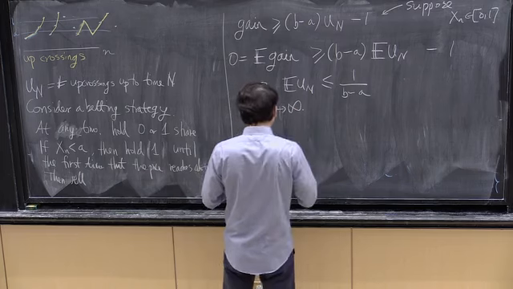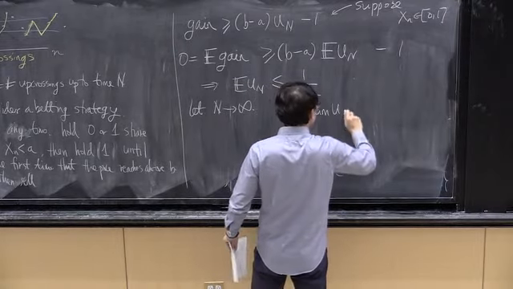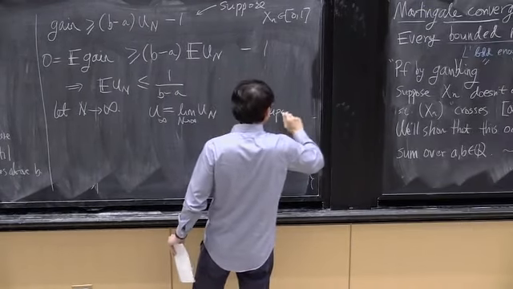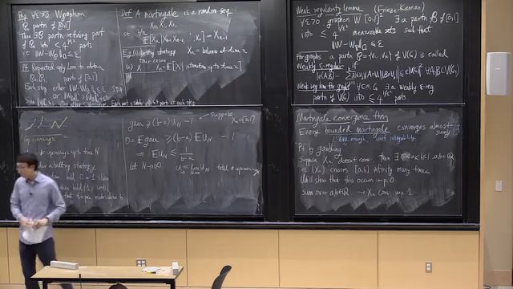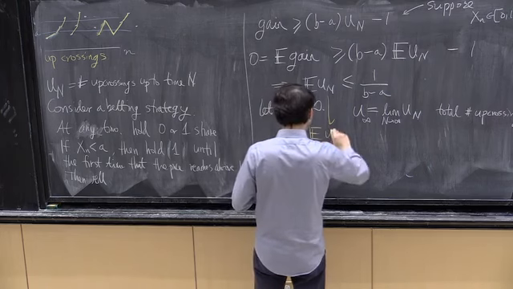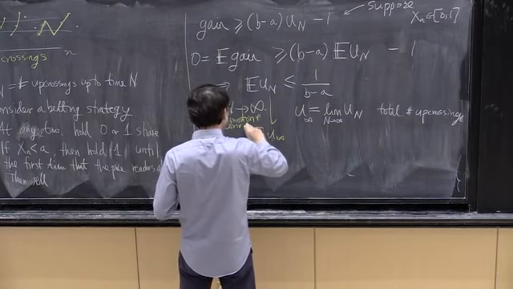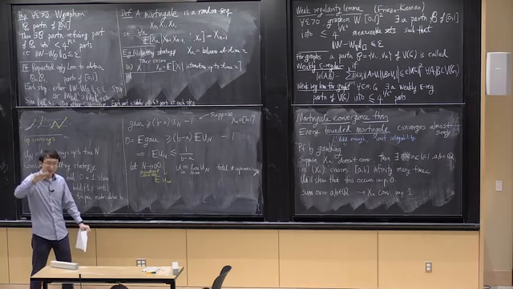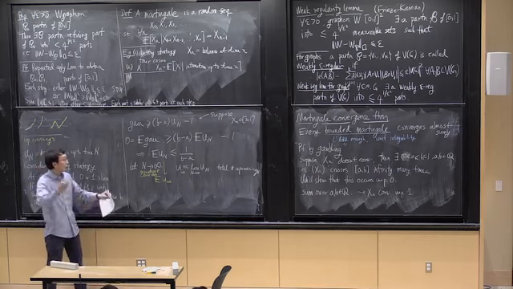Now we let n go to infinity and let U sub infinity be the total number of upcrossings. By the monotone convergence theorem, the limit of these U sub n's, which can never go down, is weakly increasing and converges to the expectation of the total number of upcrossings.